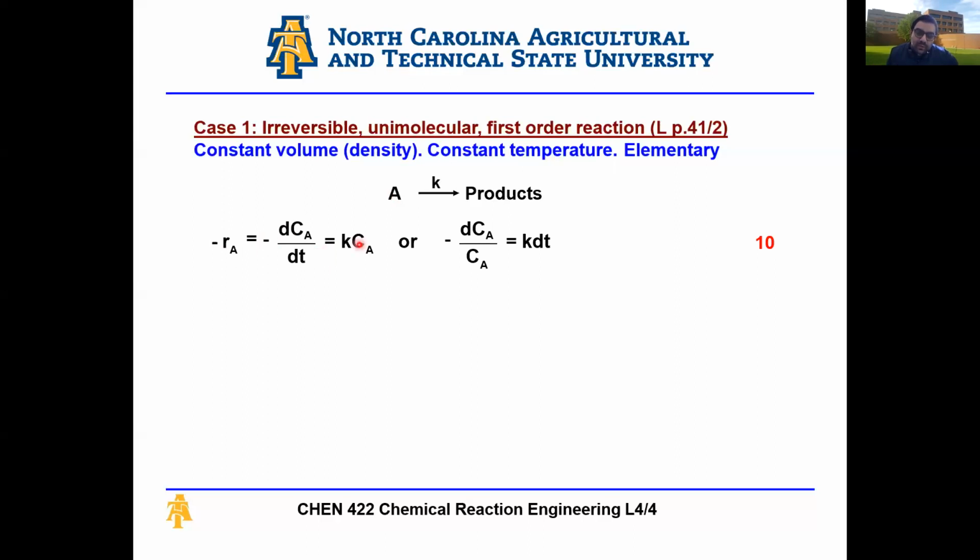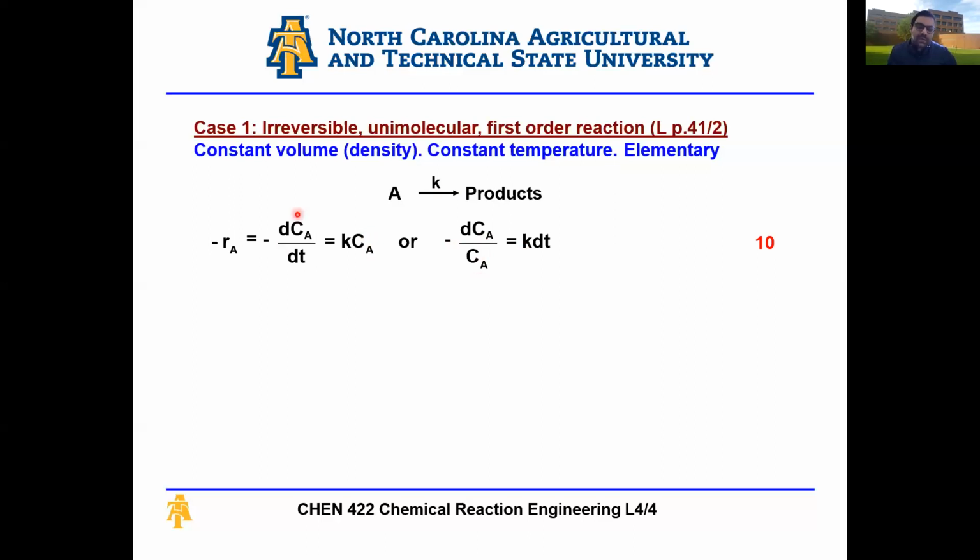This is from your stoichiometry, from your chemistry, whatever it is. The rate of consumption of A is equal to kCA. So if I rearrange this, I'm going to move my CA to this side and move my dt to this side, just lumping the variables together. I get minus dCA divided by CA is equal to k dt.